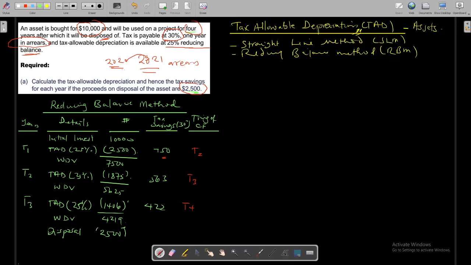When we subtract that from this one, we are going to get a balancing allowance of 1719, and I will explain the meaning of the balancing allowance.